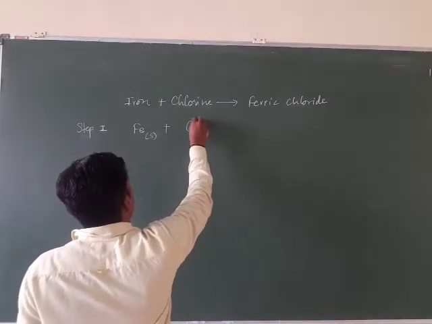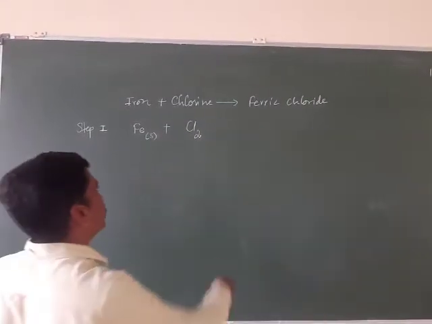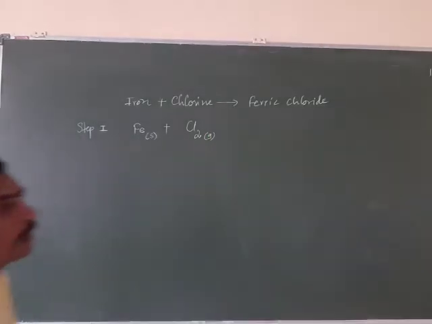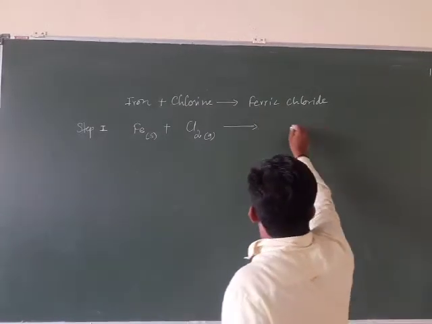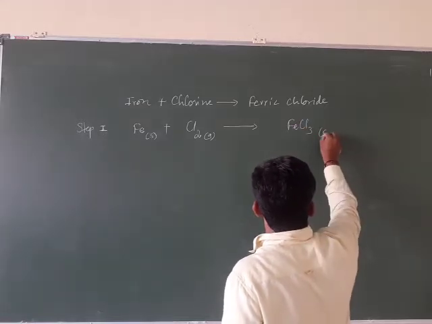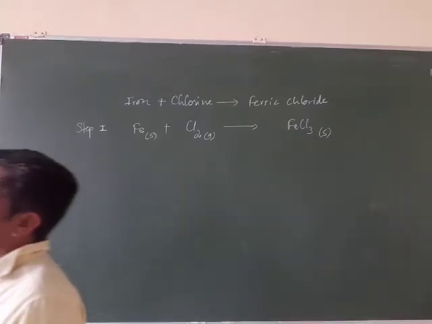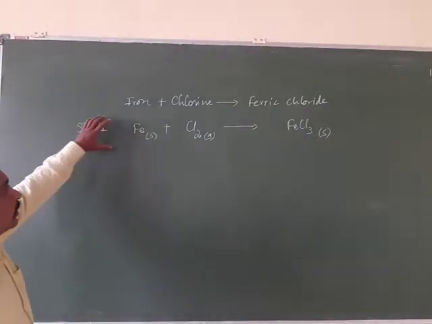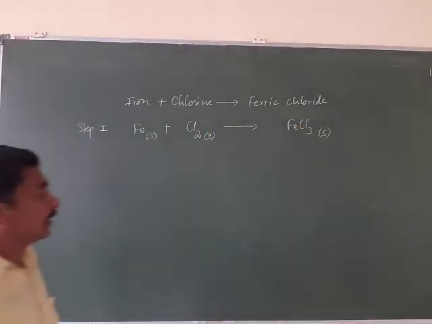Chlorine is always present as Cl2, in the form of gas. This gives ferric chloride, FeCl3, which is a salt of iron in solid form. So we represent the correct molecular formula for each reactant and product.